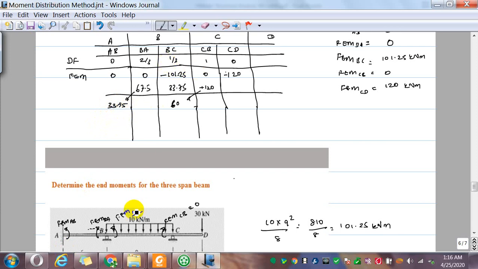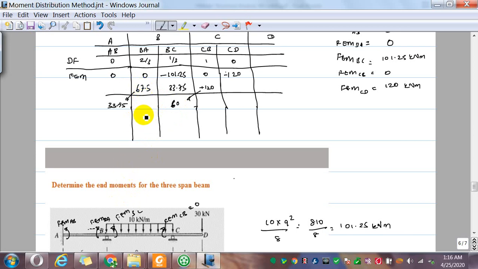But if you consider B, here we balanced. When you sum these to 0, now there is a new additional 60, so that 60 is unbalanced, because BA is 0, here 60, so we need to distribute.